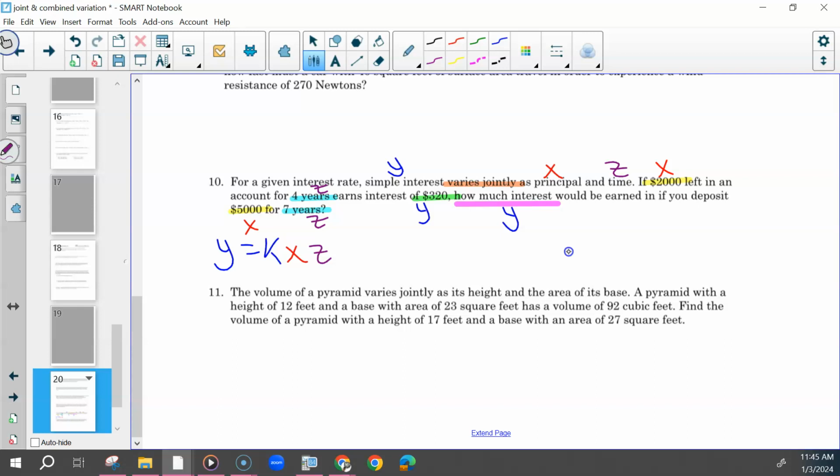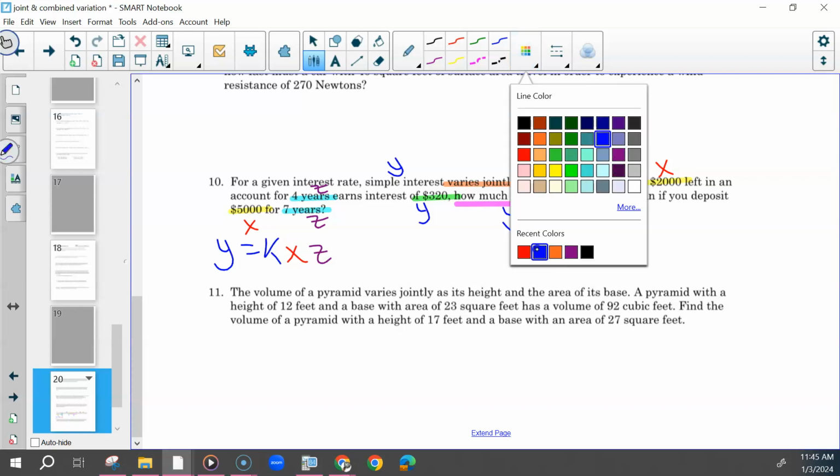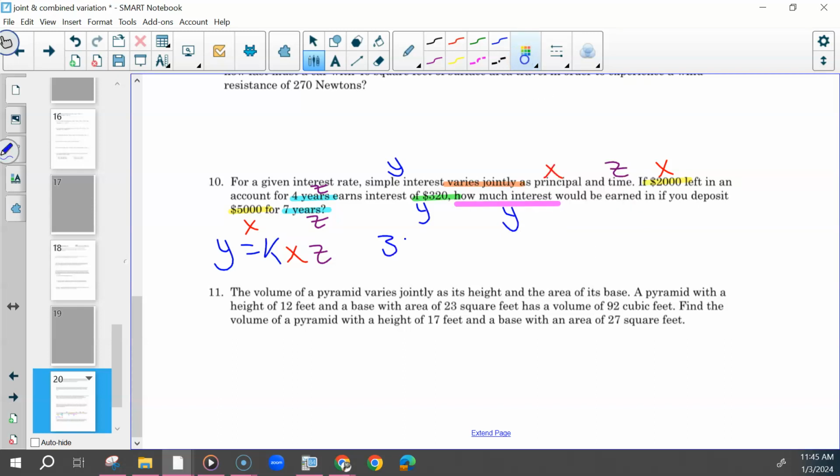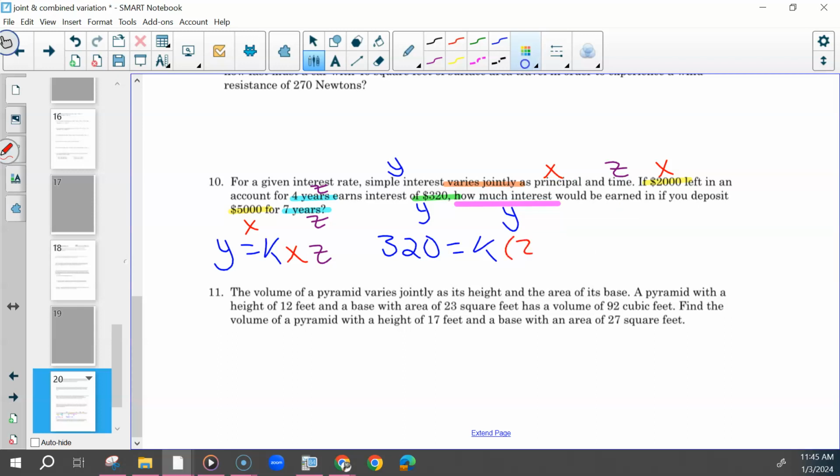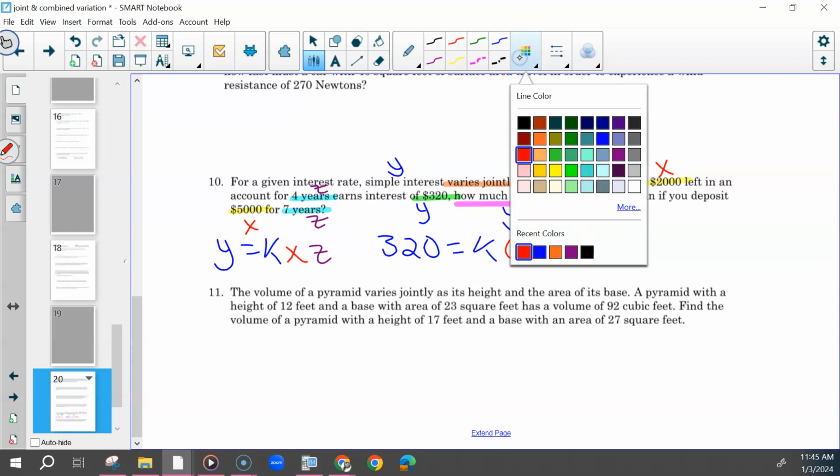There may not be a whole lot of space. You may need to use the bottom space. So 320 equals k. We don't know what k is yet. Times 2,000 times 4.